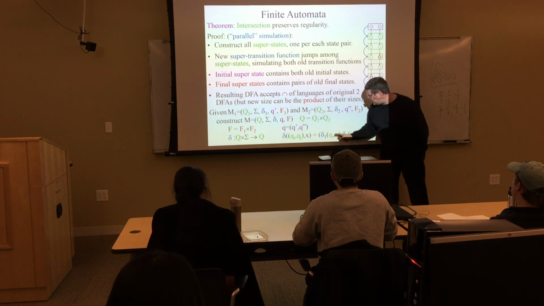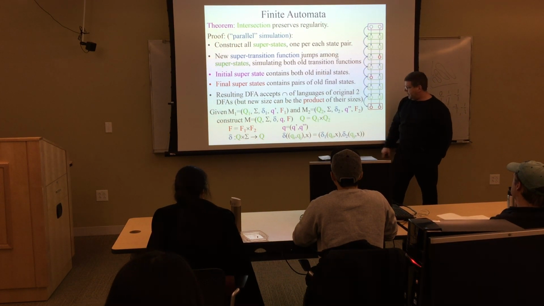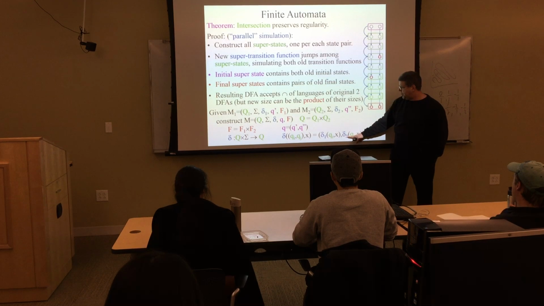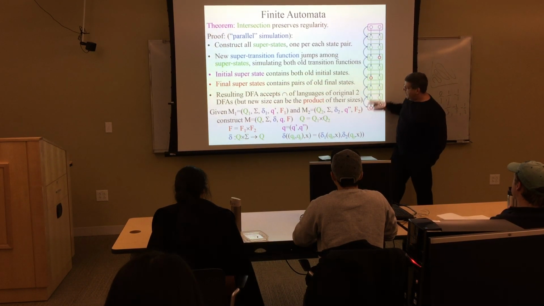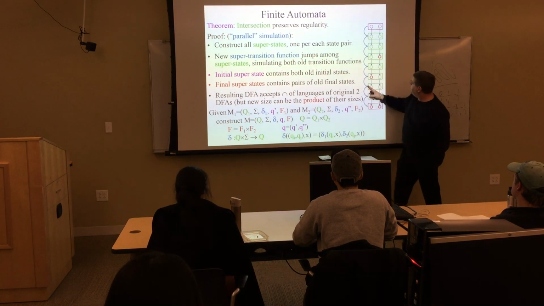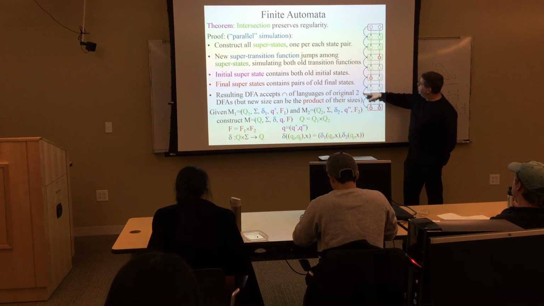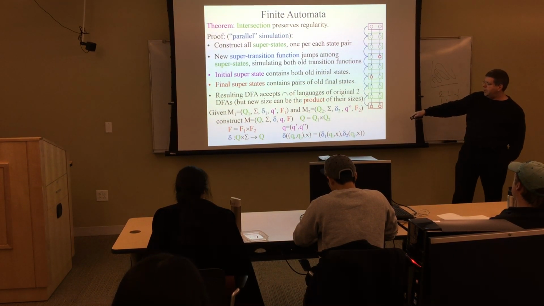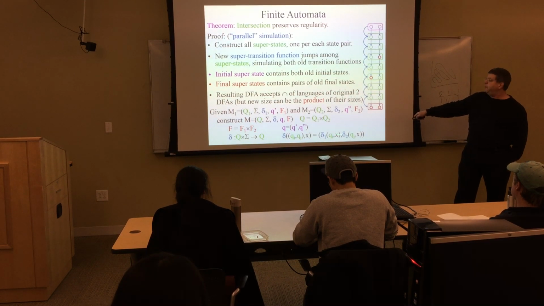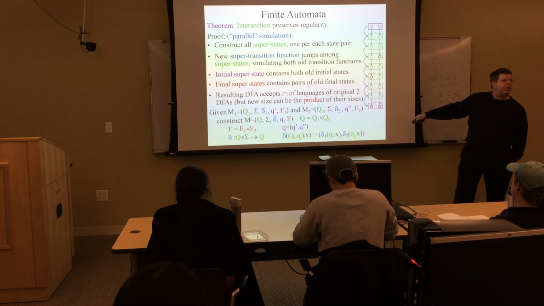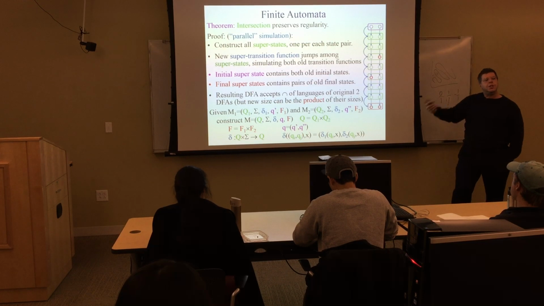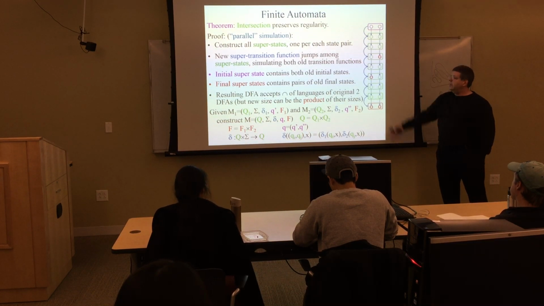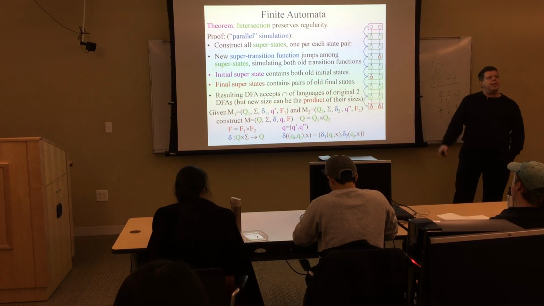So this x is the same as these two x's. Here's the transition function of the first machine, the second machine. So it's this one and this one. And this transition function will take us from here to here. So formally, the transition function of the new machine does the same job of both transition functions of the two machines, respectively, from which we constructed it. And you get the intersection machine, the cross-product machine.